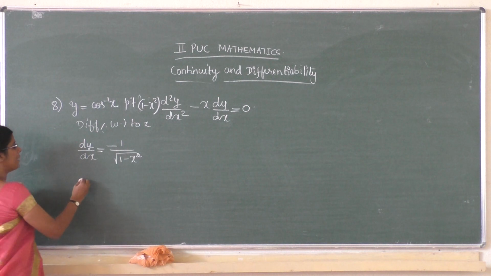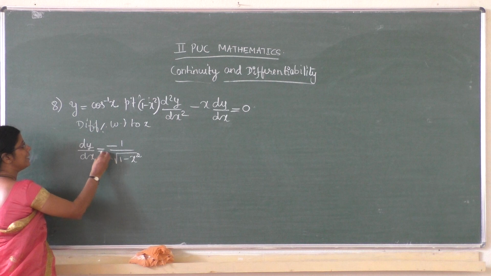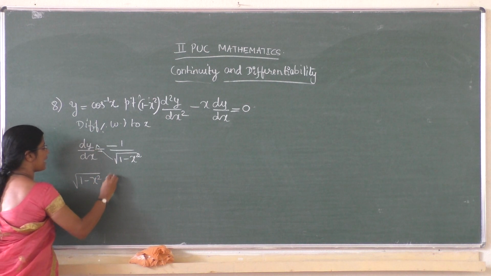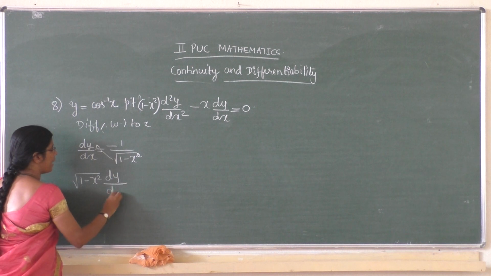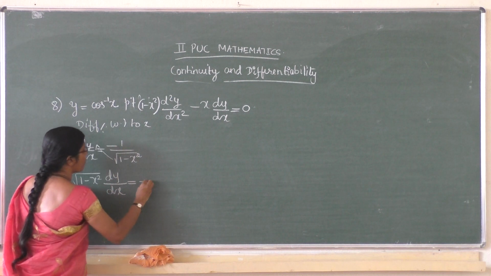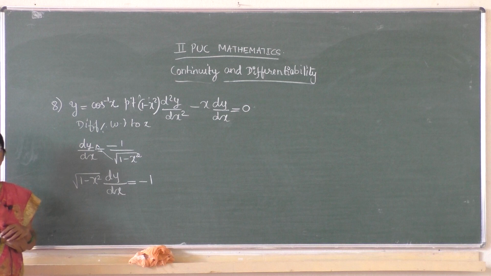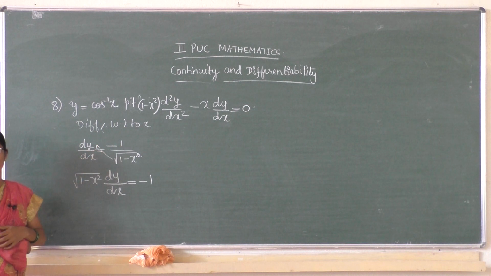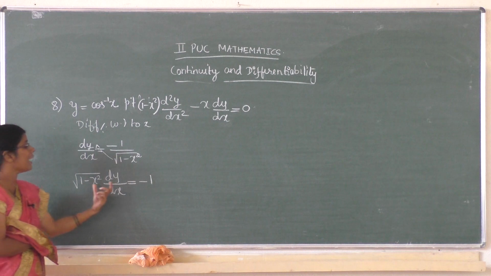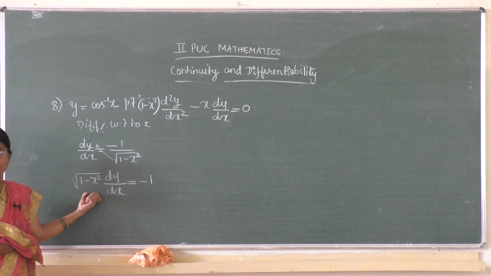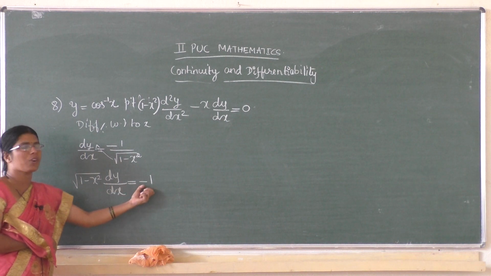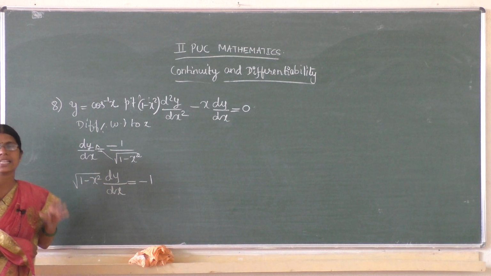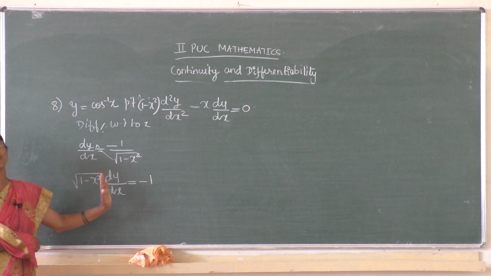Or one more method we have, that is you can take cross multiplication, that is root of 1 minus x square into dy by dx is equal to minus 1. Now we got on the right hand side minus 1. Here you can apply the product rule for this, and on the right we have a constant, and you know that the derivative of a constant is 0. So the simplification becomes easy.